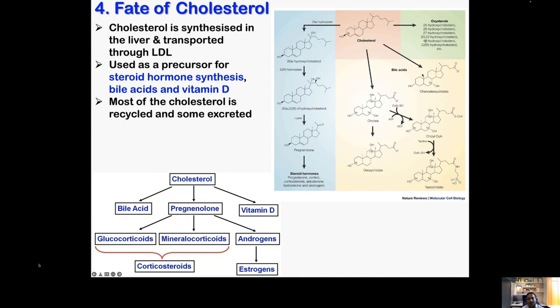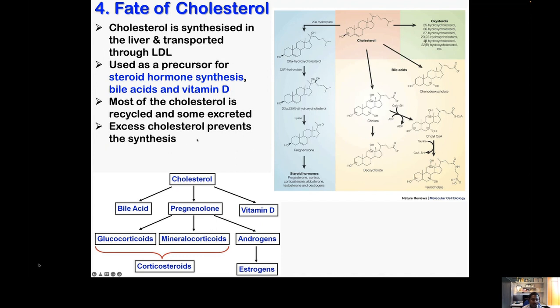Then bile acids are produced from cholesterol, and some of these bile acids will be excreted as well. The bile salts are also produced. So most of the steroid hormones, bile acids, and vitamin D are produced by utilizing cholesterol as a precursor. Most of the cholesterol will be recycled in the body and some will be excreted mainly through bile.